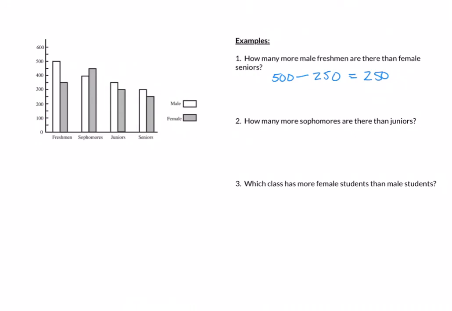Okay. The next thing we want to know is how many more sophomores are there than juniors. So for sophomores, we need to figure out the total. We have 400 guys, 450 girls. Total, that's going to be 850.